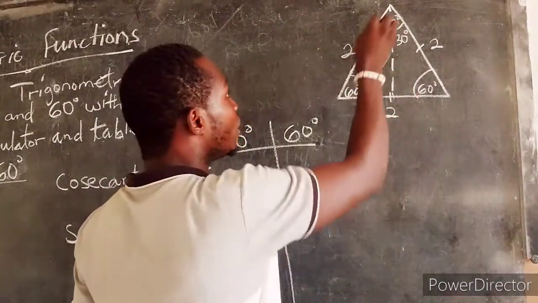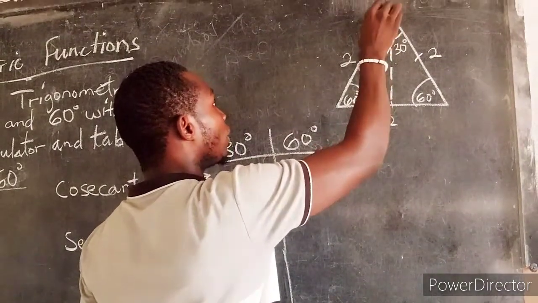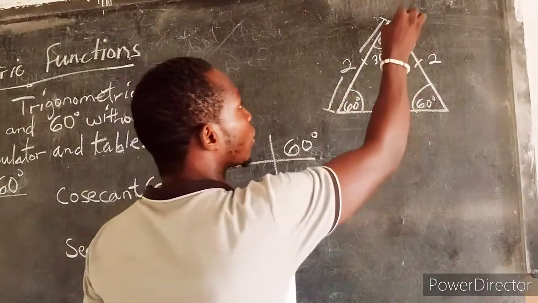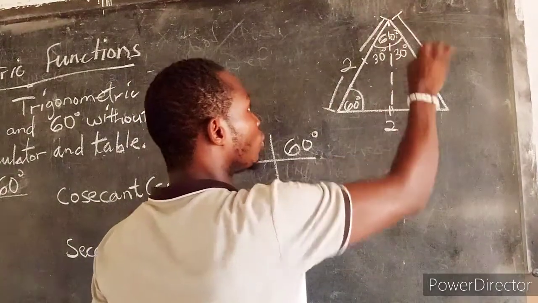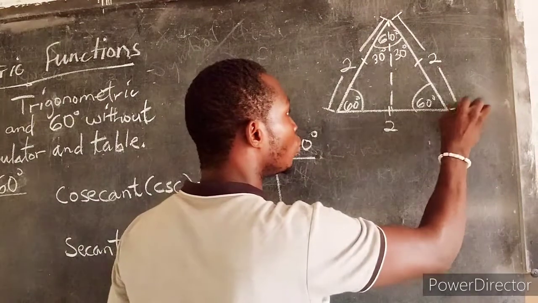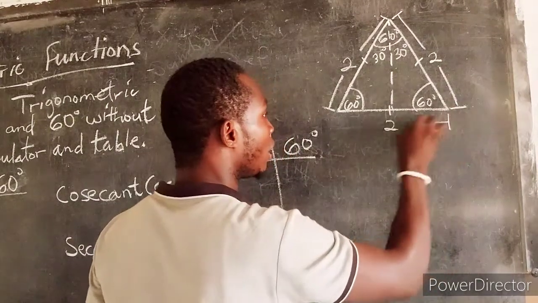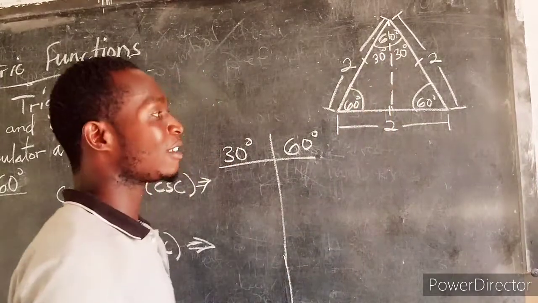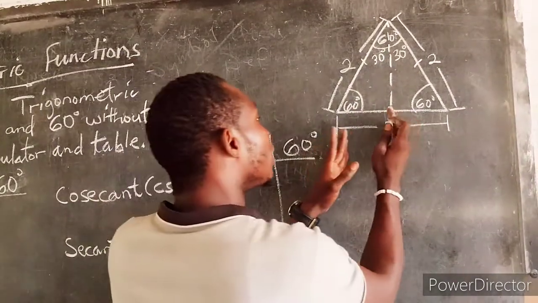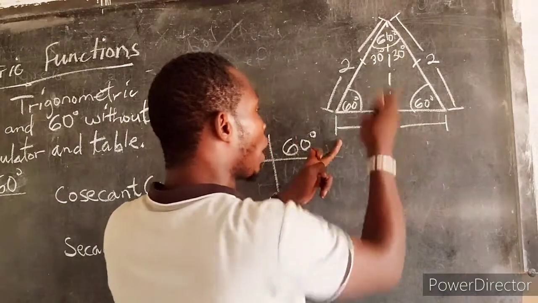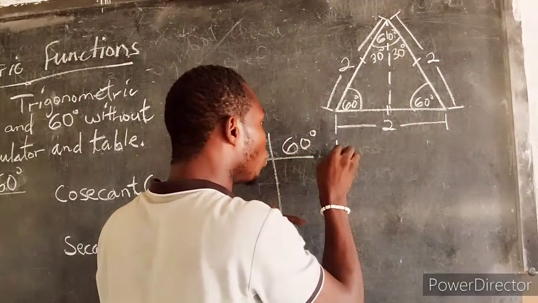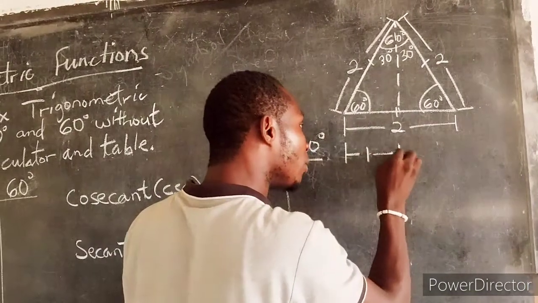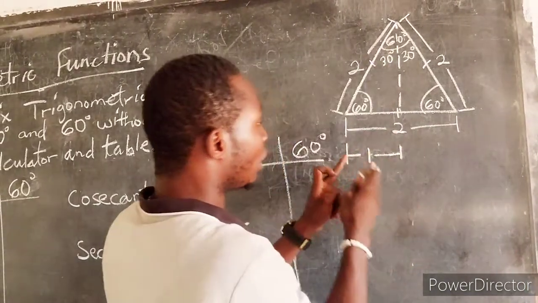The distance from here to here is 2, from here to here is 2, and also from here to here is 2. Since we have bisected this, the distance from here below, when we did the division, is 1.